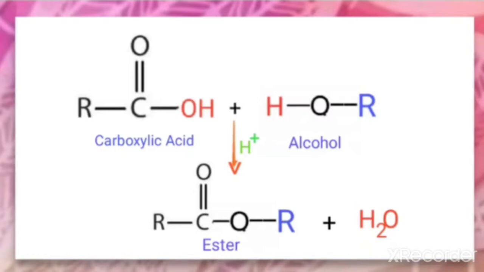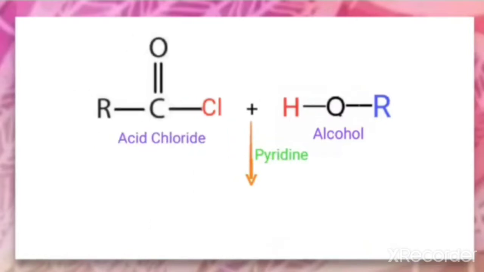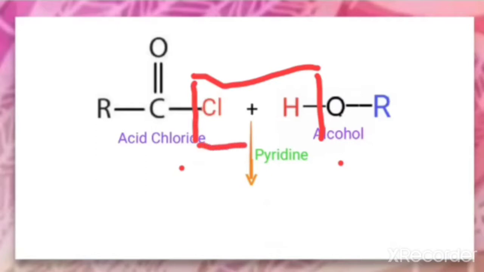Next reaction, that is the reaction of alcohol with acid chloride. In this reaction of alcohol and acid chloride, again there is a cleavage of OH bond and there is a cleavage of the CCl bond in the case of acid chloride, and there will be a formation of a side product, that is HCl.